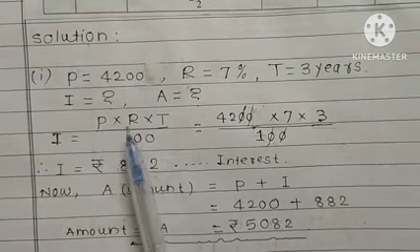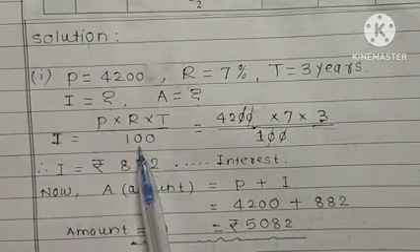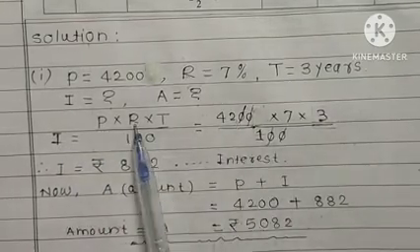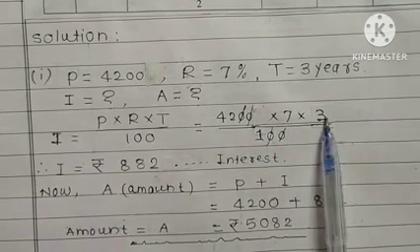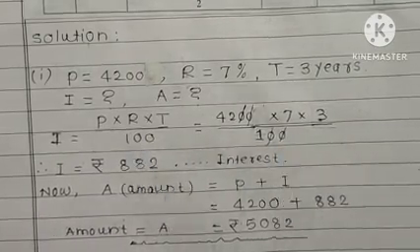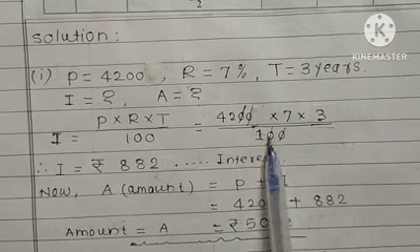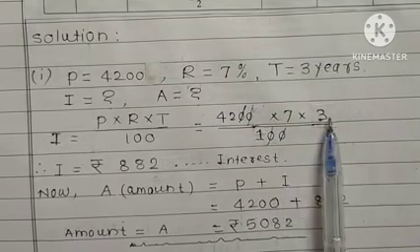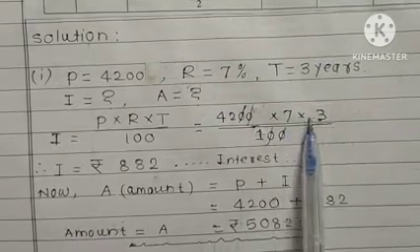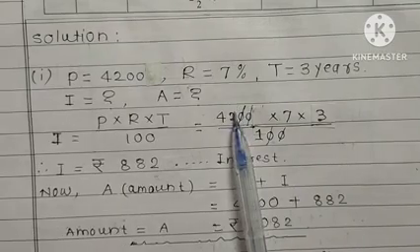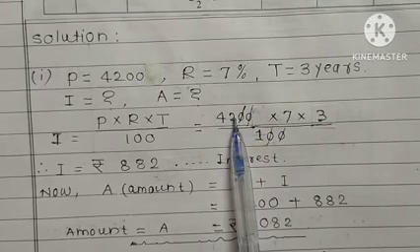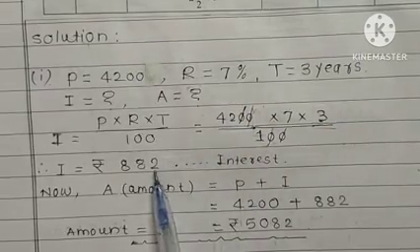I is equal to P into R into T upon 100. I we don't know. P 4200, R 7, T 3 upon 100. So cancel these two zeros from numerator and denominator. Now 7 into 3, that is 21, and 21 into 42. 21 twos are 42.